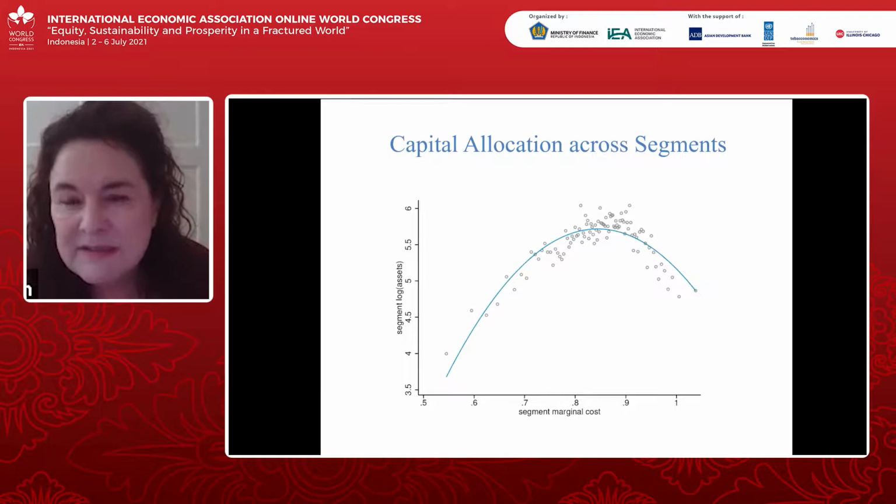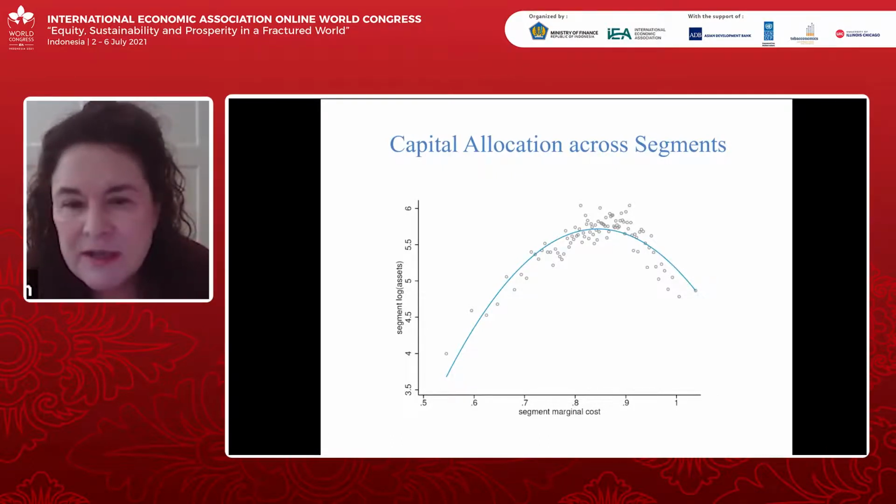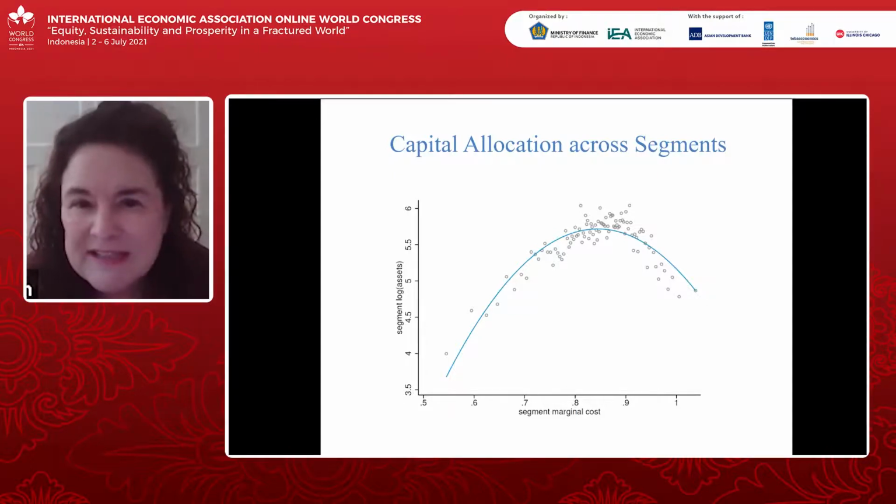It looks like this. On the horizontal axis, you have the segment's marginal cost. As you move to the right, the marginal cost increases. On the vertical axis, you have the allocation of assets, and the relationship between the allocation of capital and the segment's marginal cost is inversely U-shaped.